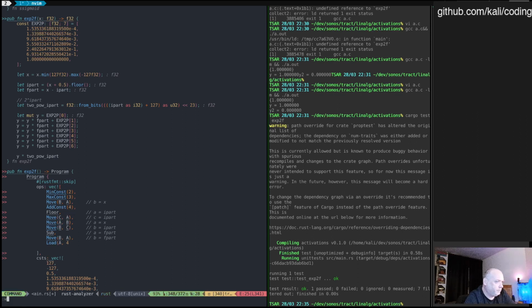That's x plus 0.5 in A. Okay, so here I'm using constant number 5. So that's A equals exp2p of 0.